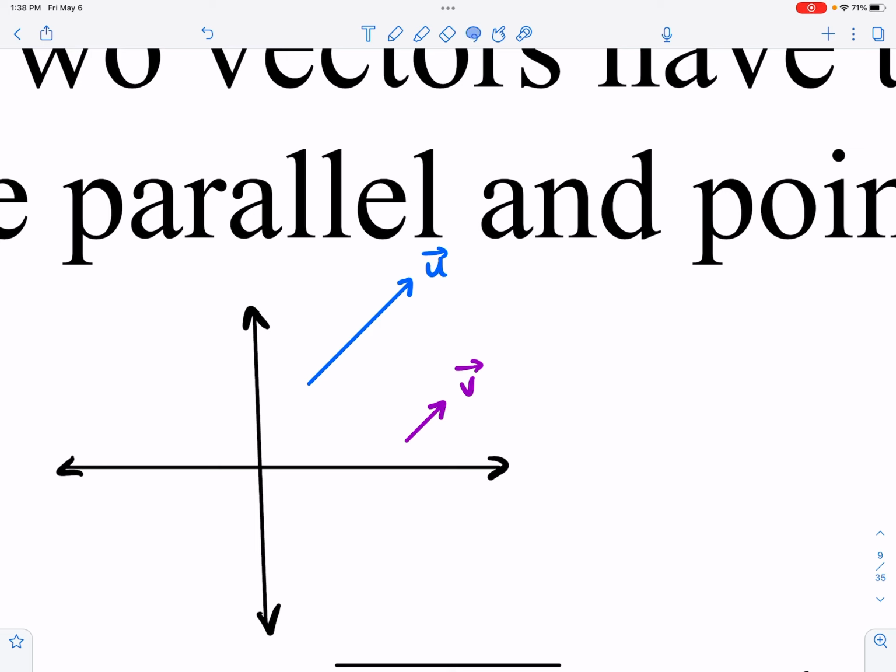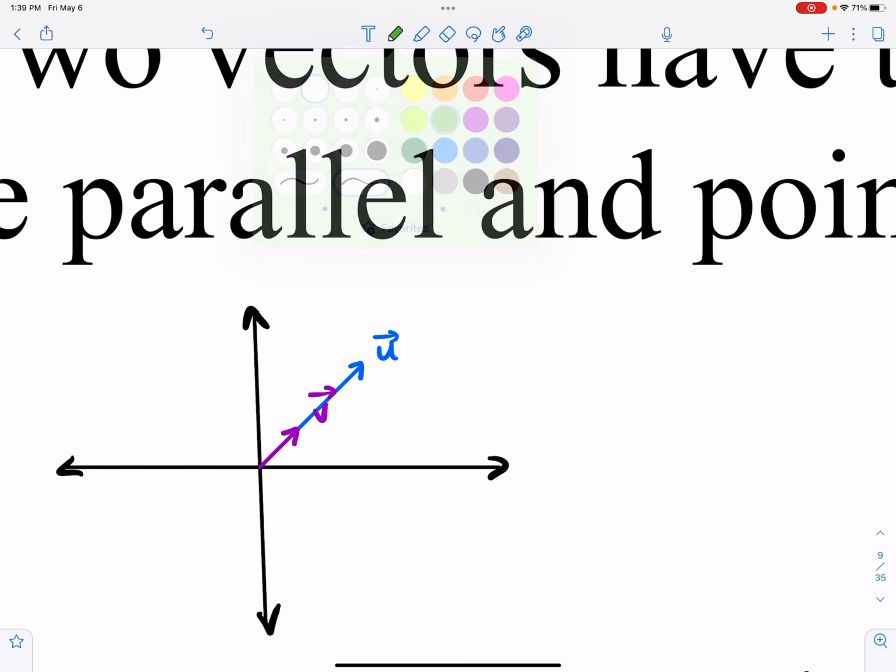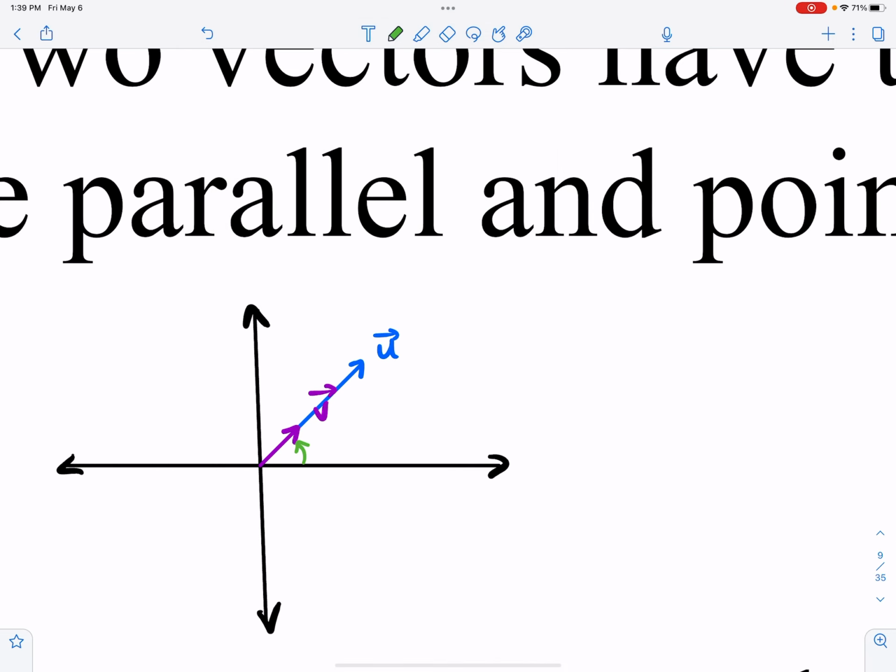These vectors would have the same direction if they're parallel, but also if we were to move them to both have their initial point at the origin, they should overlap. And their direction could then potentially be described by this angle theta. Now we can move vectors about the xy plane.